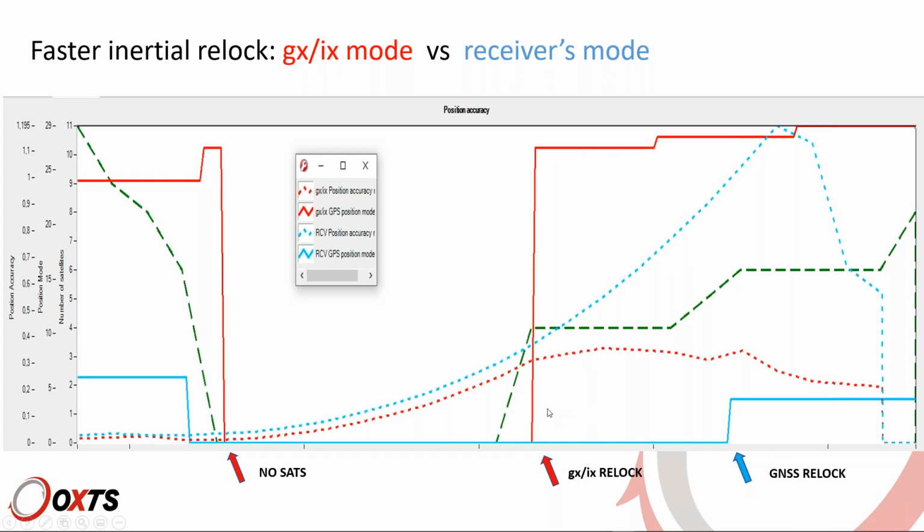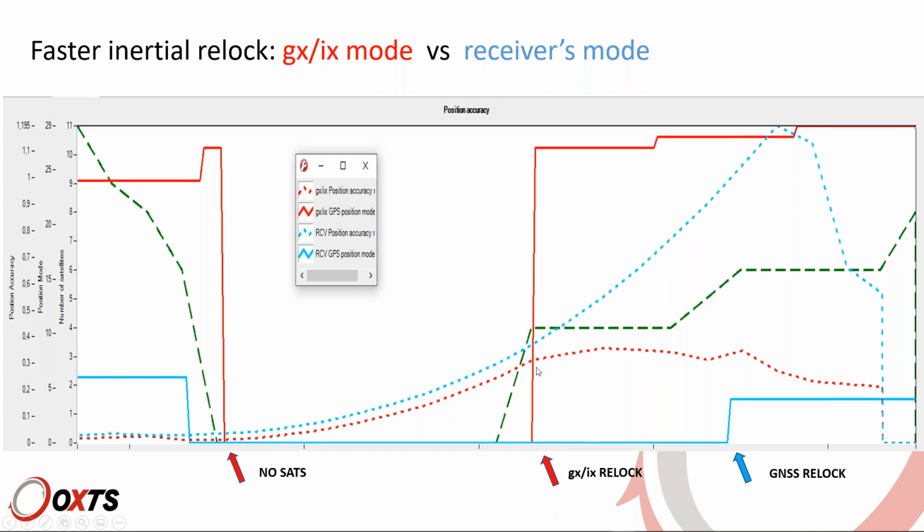The receiver instead will take some time to calculate its position fix from 0, from scratch. And during this time, its position accuracy will keep drifting. This is position accuracy, again, the 2 dotted lines, and initially they are drifting together in a similar fashion.